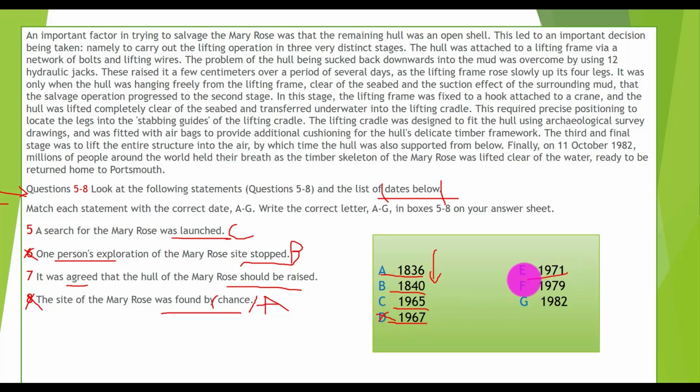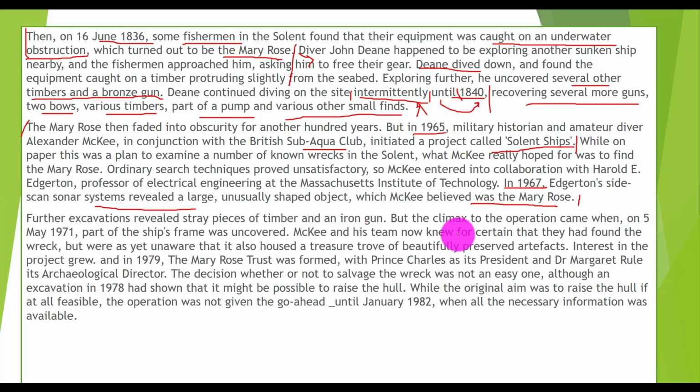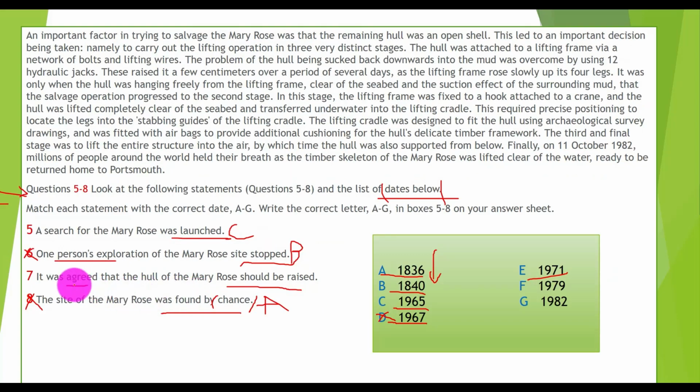Now let's go for 1971. Further excavations revealed stray pieces of timber and an iron gun. But the climax to the operation came when, on 5 May 1971, part of the ship's frame was uncovered. Okay, and again in 1971 we have nothing about agreement on the hull of the Mary Rose. Okay, now this is also incorrect.